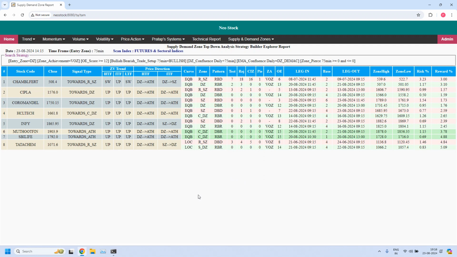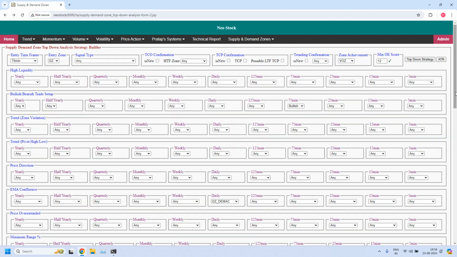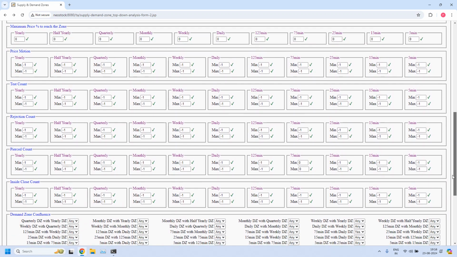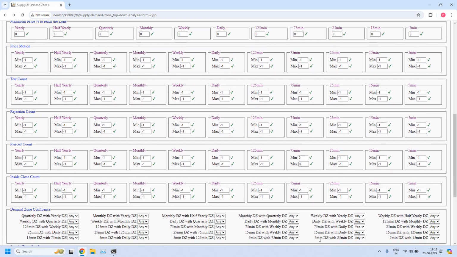Now let us verify whether, out of these 8, any of these stocks are also having confluence with the weekly time frame. Weekly is HTF. That means LTF, ITF and HTF confluence. So we have the 75 minutes demand zone with the daily demand zone already enabled.